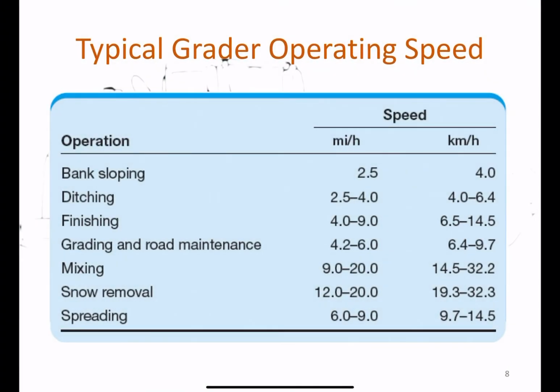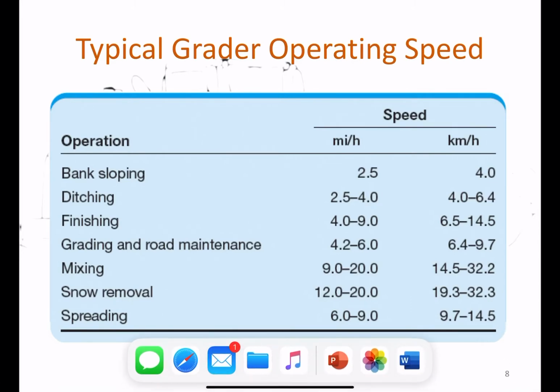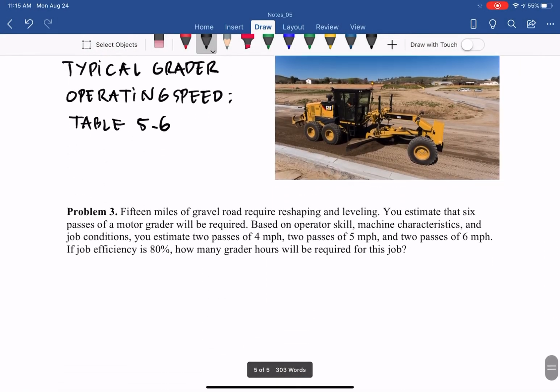This is the typical grader operating speed, and it depends on the operation: bank sloping, ditching, finishing, road maintenance, mixing, snow removal, not here in Florida, and spreading, measured in miles per hour or kilometers per hour, and we can use it if the problem doesn't give us the speed.